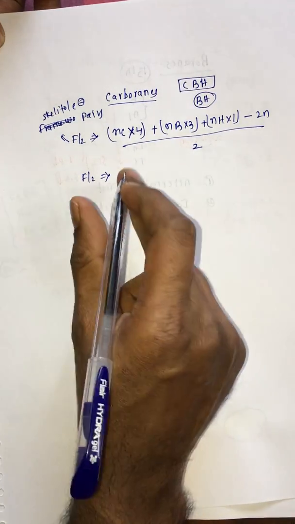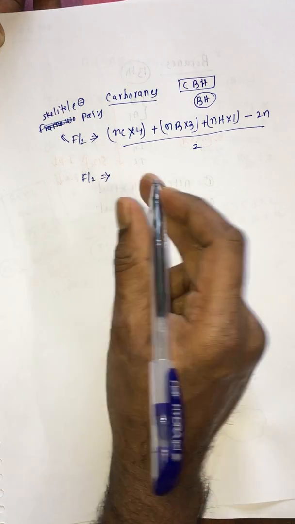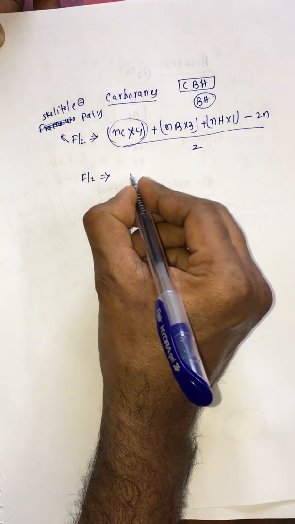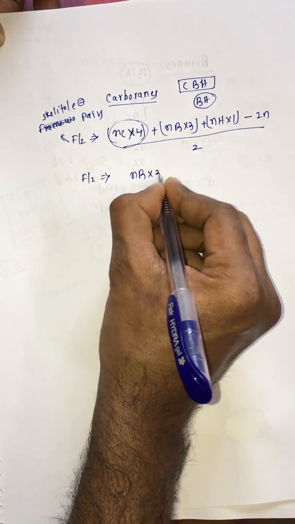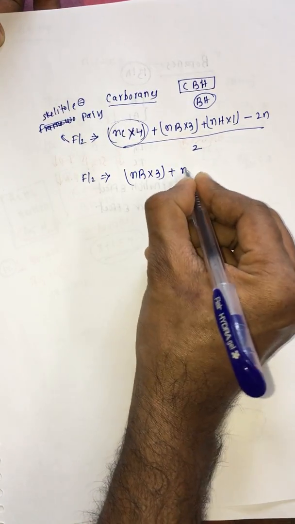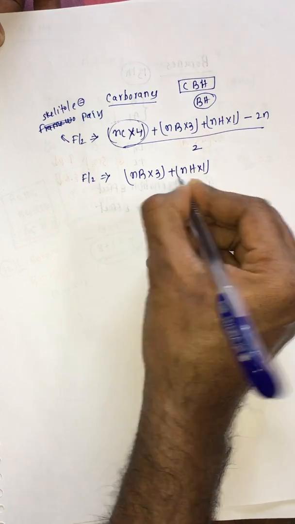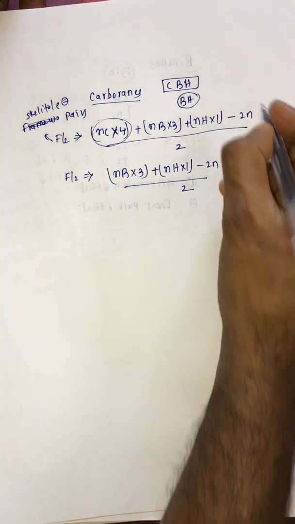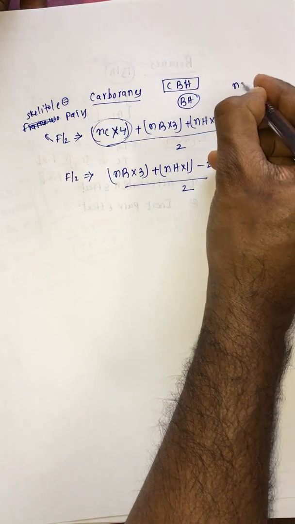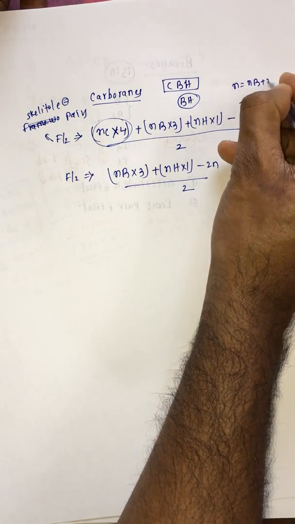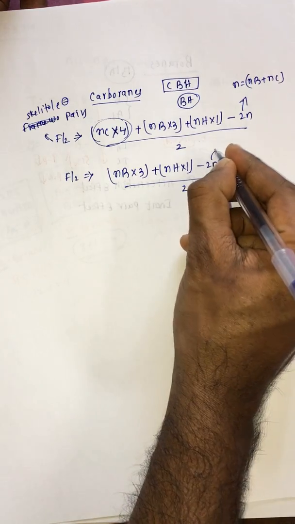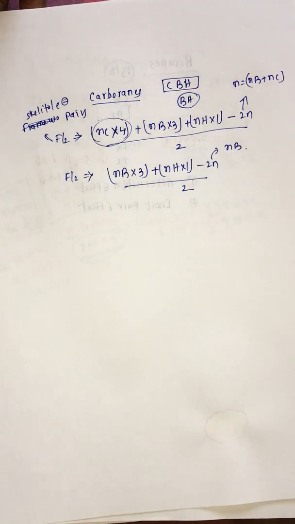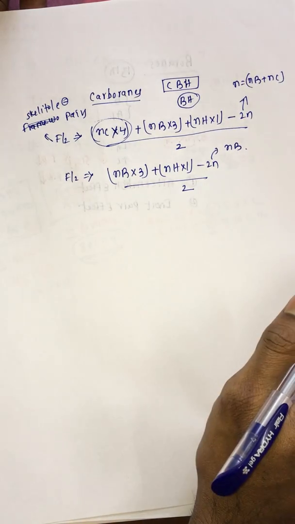So if you want to calculate the number of skeletal electrons for boranes, just remove the carbon term, because carbon is not part of the boranes: NB into 3 plus NH into 1 minus 2n, by 2. Here, for carboranes, n equals number of borons plus number of carbons. For boranes, n equals number of borons only. Hydrogen will not come here.